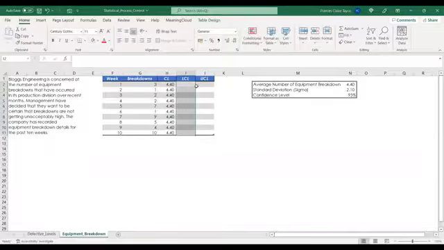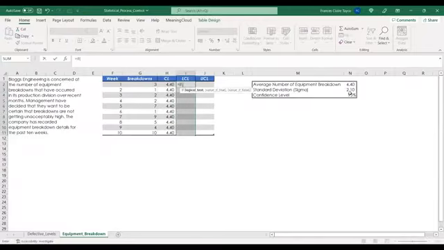The lower control limit is simply equal to the average number of equipment breakdowns minus twice the standard deviation if the confidence level is at 95%.